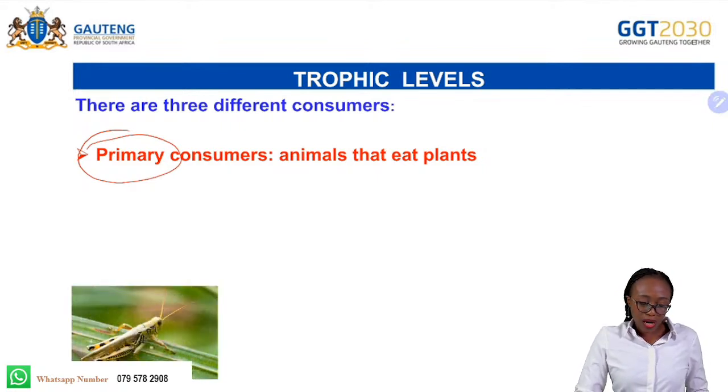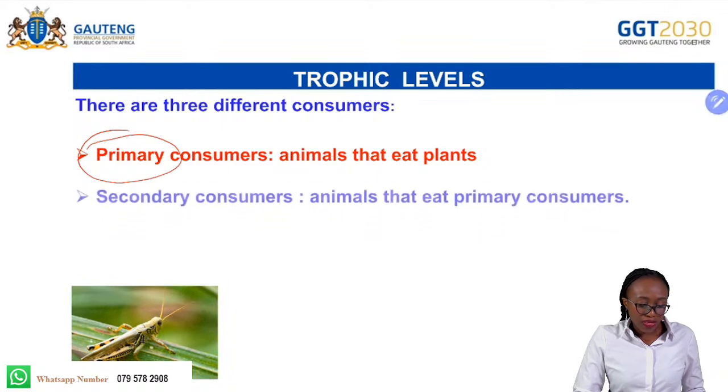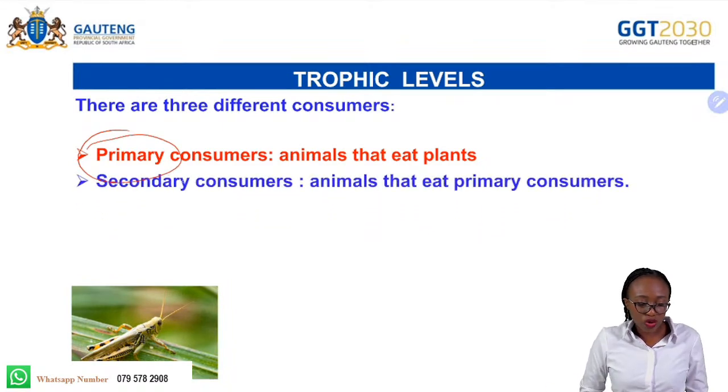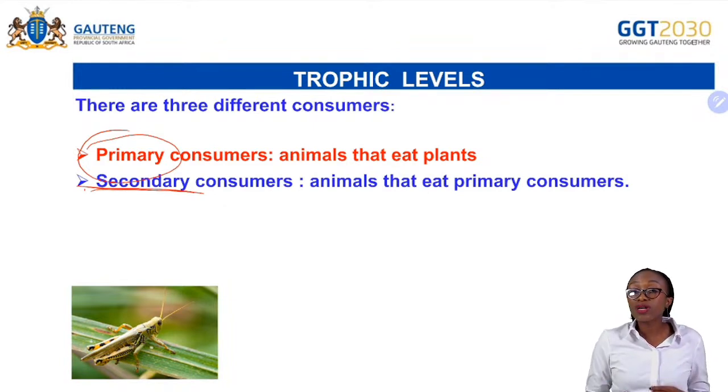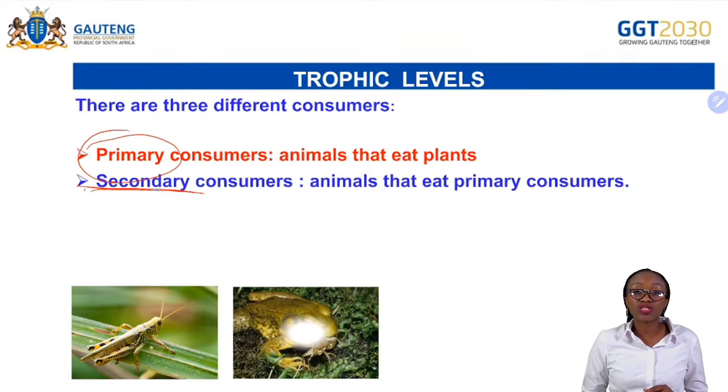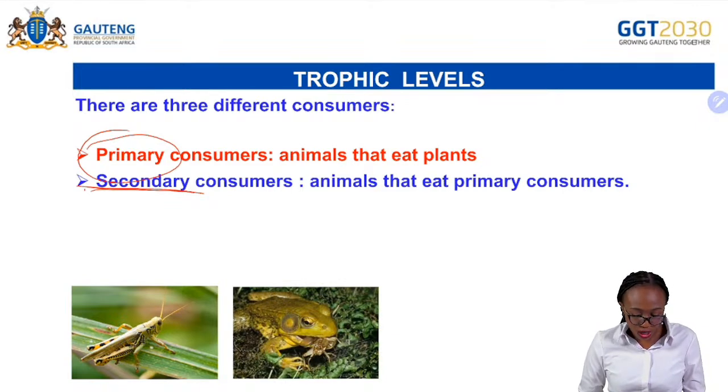There is our primary consumer, and then we've got secondary consumers. Secondary consumers are animals that eat the primary consumer. The frog is now eating that locust that was busy eating the leaf there.